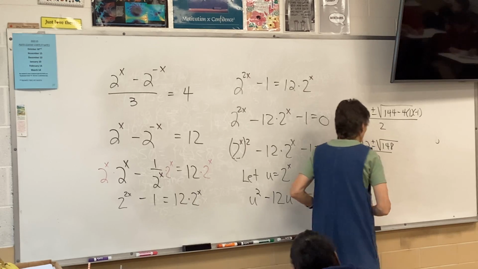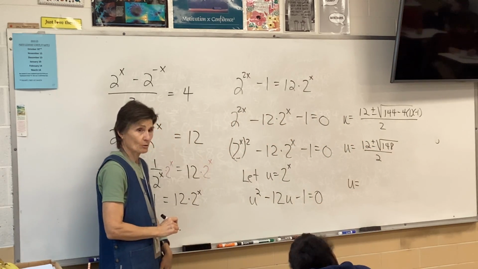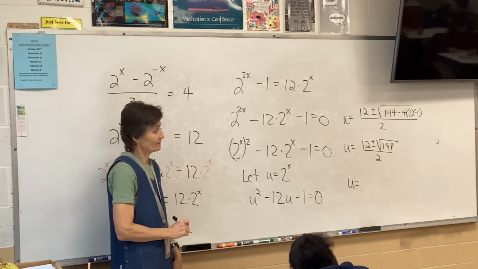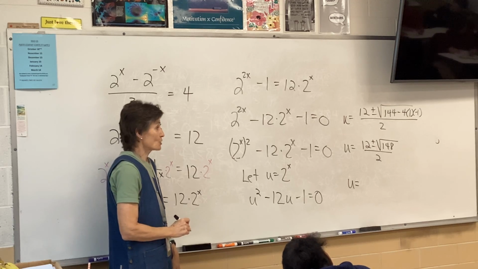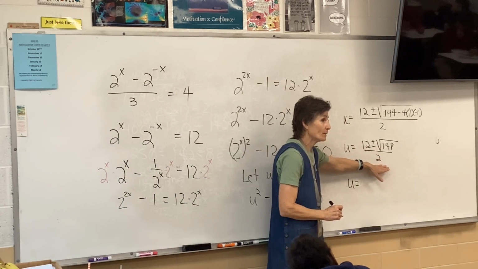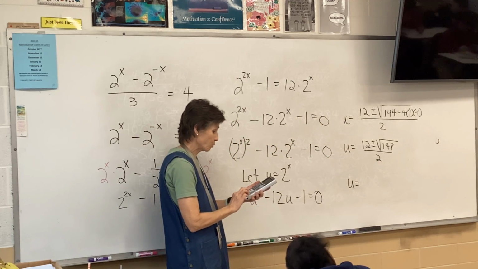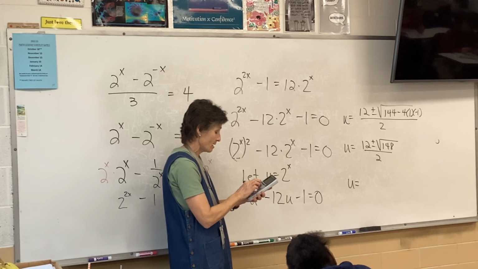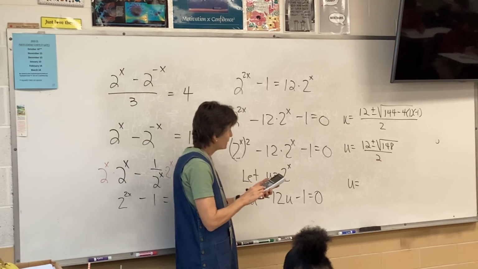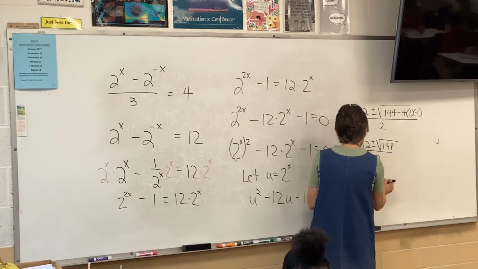Now, I encourage you to go ahead and get decimals for those two answers, because as much as I want to be done, we aren't done. We have more to do. Does my quadratic formula look okay, everybody? So now I'm going to type it in on my calculator. 12 plus the square root of 148 equals, divided by 2, I got 12.0828.